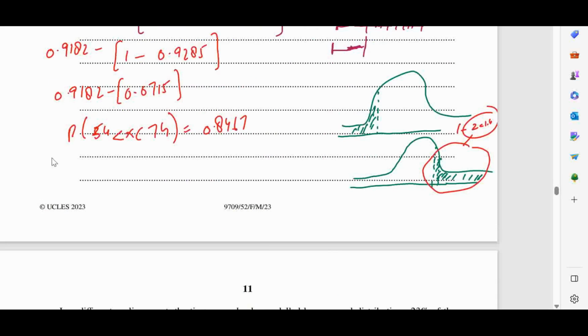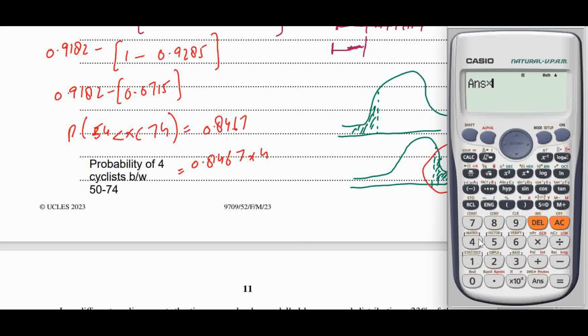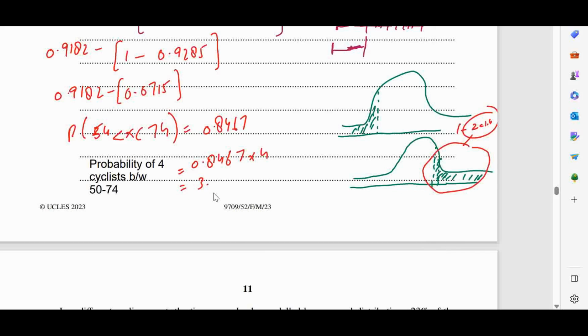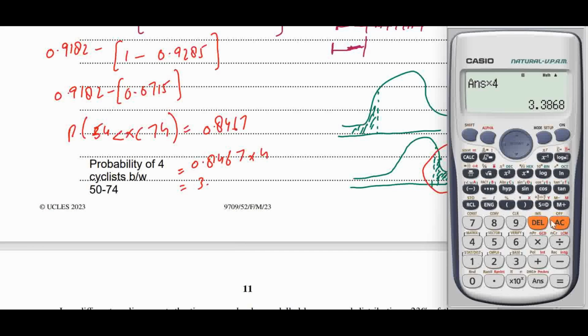So probability of 4 cyclists between 50 and 74 will be 0.8467 multiplied by 4, which equals 3.3868.